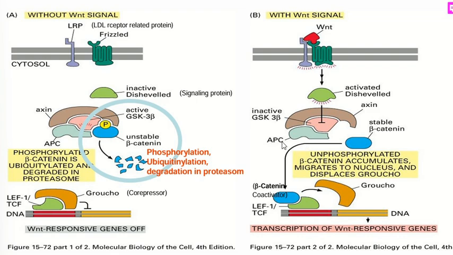When APC is mutated and becomes defective, the destruction complex cannot efficiently phosphorylate beta-catenin. So beta-catenin accumulates continuously, enters the nucleus and turns the WNT genes on all the time.